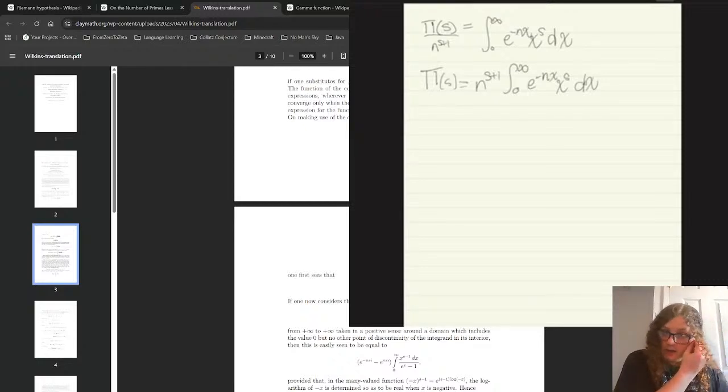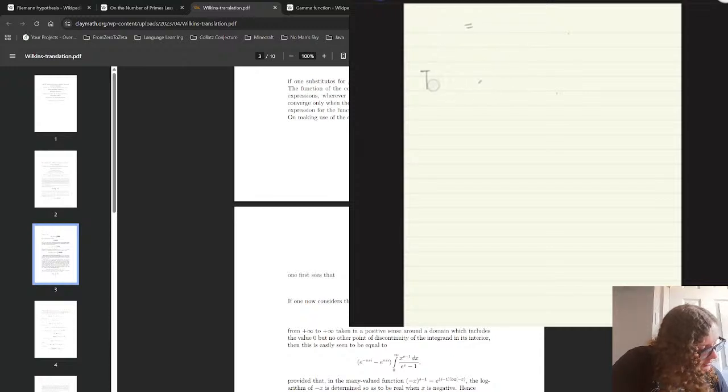Instead of n to the s, we're replacing it with the sum of 1 over n to the s to infinity. So that is why it was in terms of s minus 1 before. Okay, that makes sense.